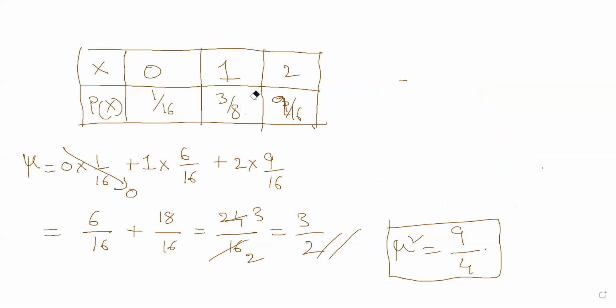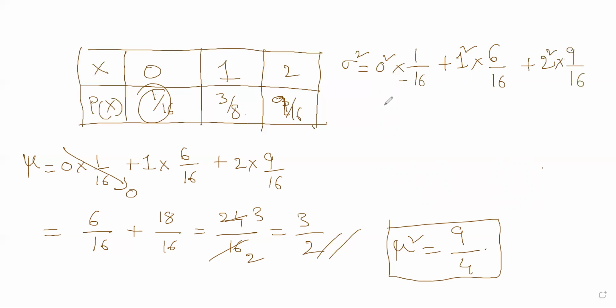You have to square the values and use them: 0 squared into 1 by 16, and 1 squared into 3 by 8, and next one, 2 squared into 9 by 16. Sum it up, and minus, you should not forget mu squared, right?